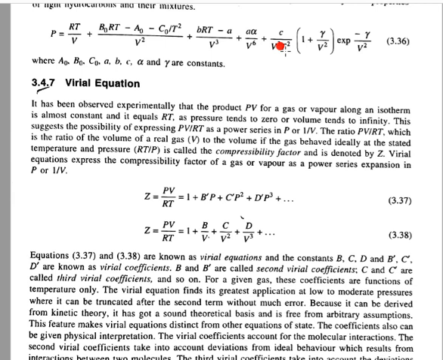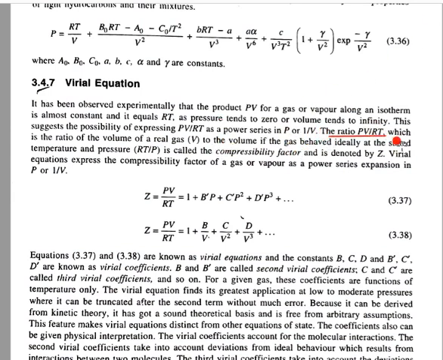The ratio PV/RT is the ratio of the volume of a real gas to the volume if the gas behaved ideally at the stated temperature and pressure, that is RT/P. It is called the compressibility factor. What is the compressibility factor?